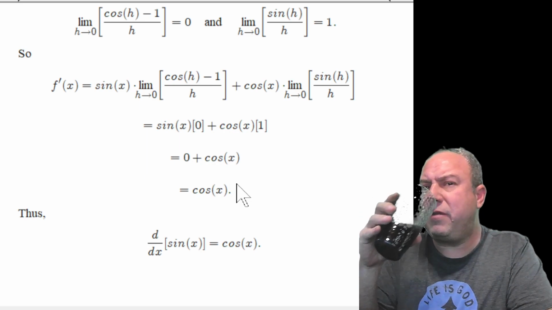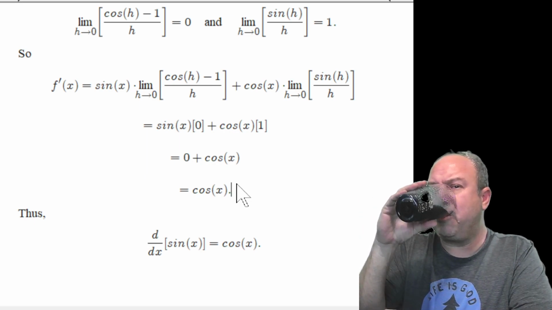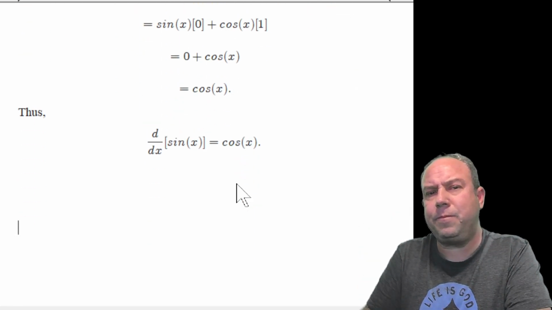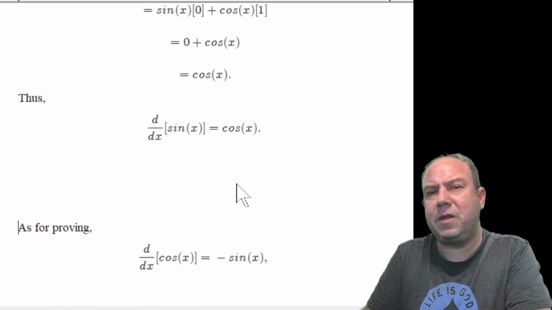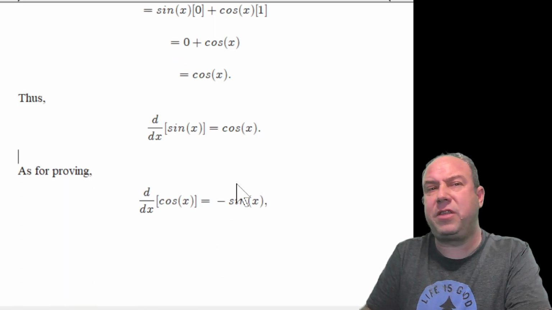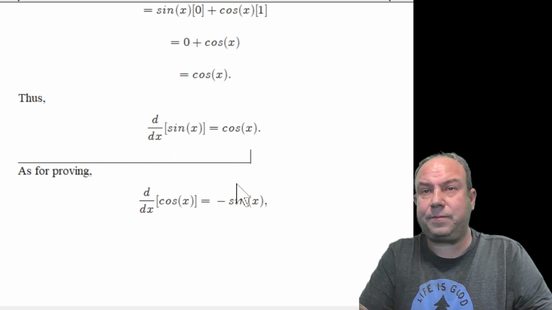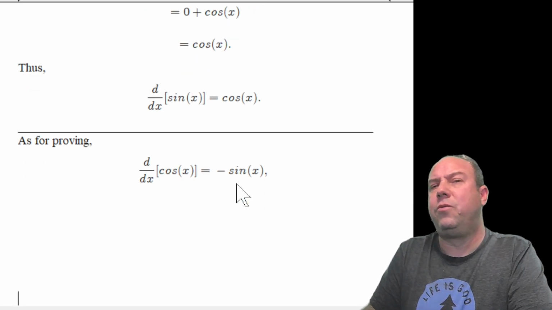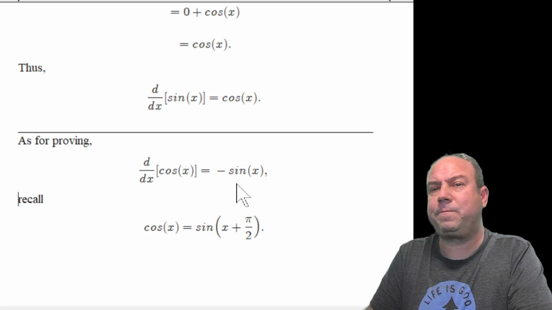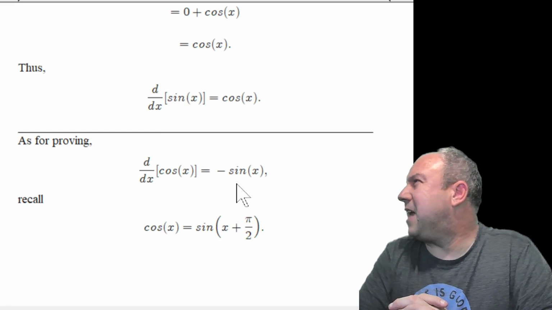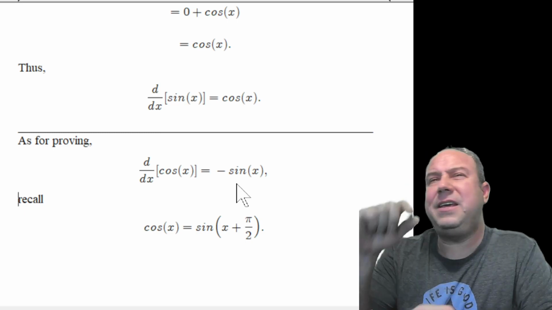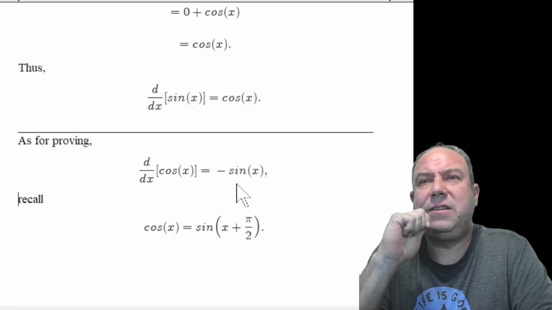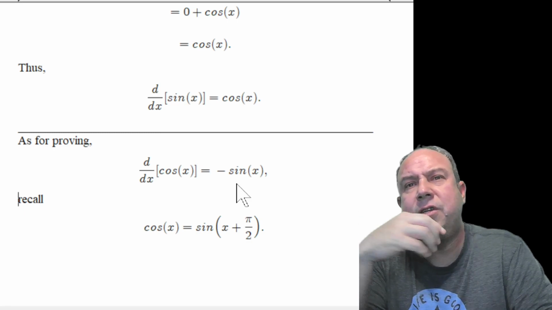As for proving the derivative of the cosine, let's separate this. What we rely upon is that idea that the cosine of x is just a shift left of the sine function by pi over 2 units.